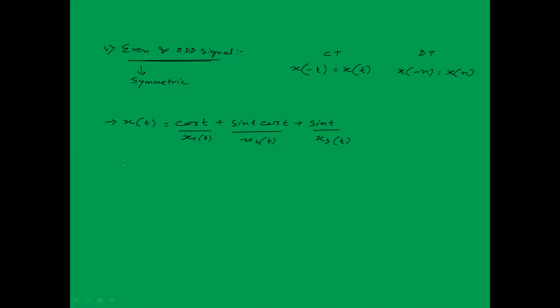First, x1 of minus t, that is cos of minus t, so this is cos t. So this is x1(t), so this is symmetric. So I can say this is the even component.